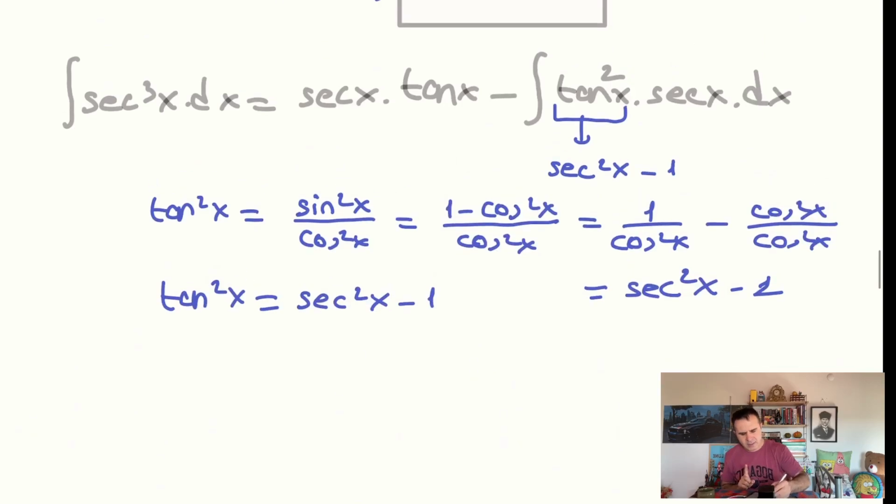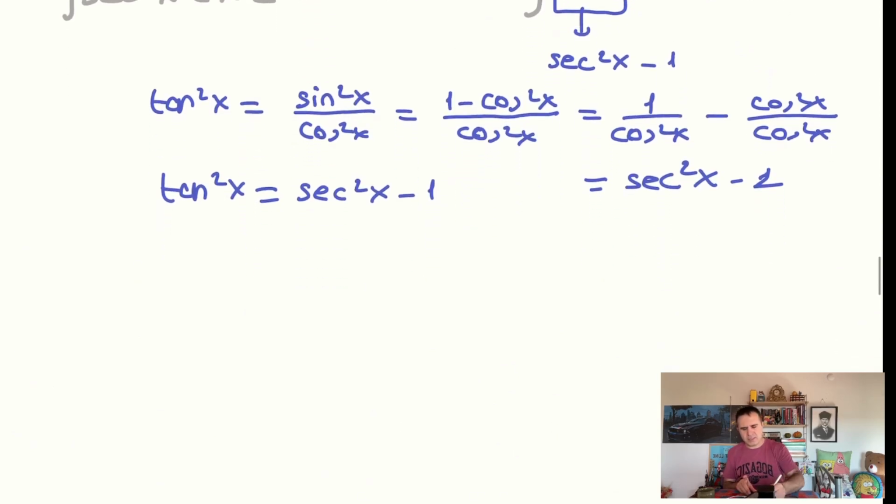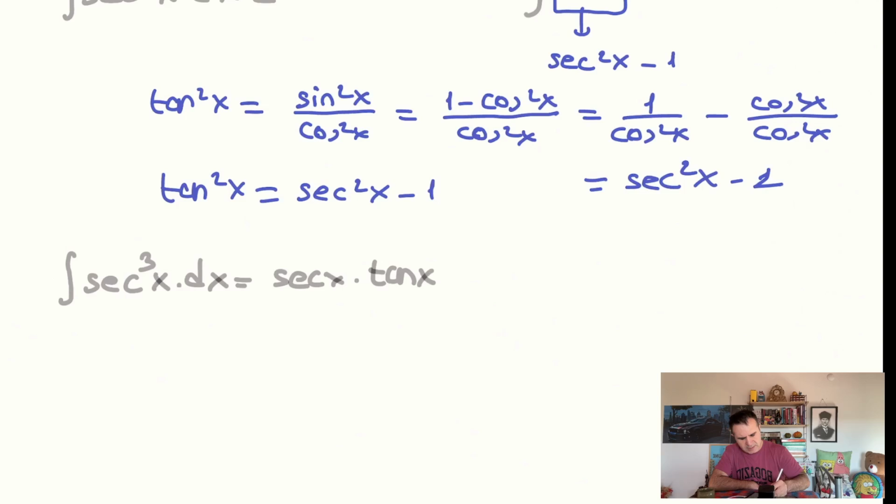And here in the integral, I will rewrite tangent square of x as sec² of x minus 1. Then our integral sec³ x dx will be equal to sec(x) times tangent x minus the integral of sec² of x minus 1 times sec(x) dx.